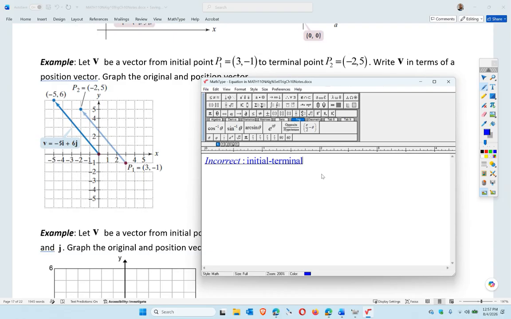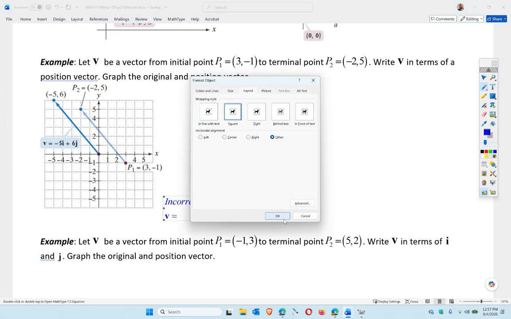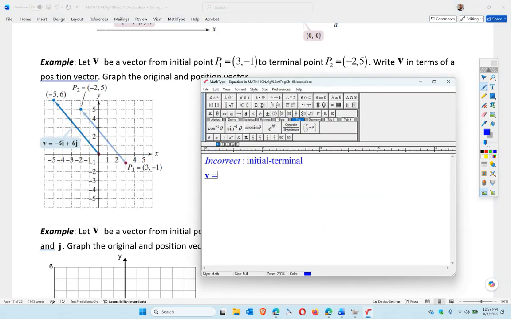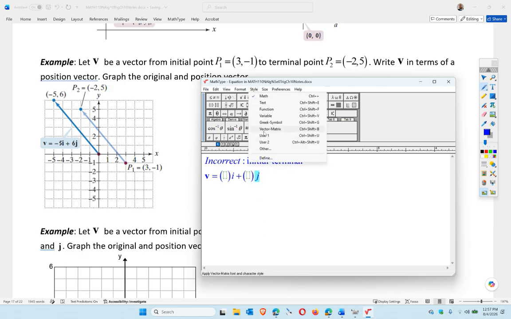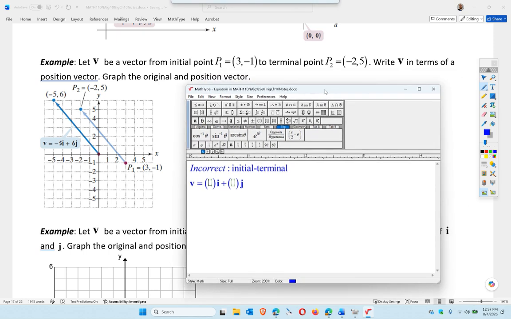If I do that, I'm going to get v equals, parentheses i plus parentheses j. If I do this incorrectly, and I do initial minus terminal.